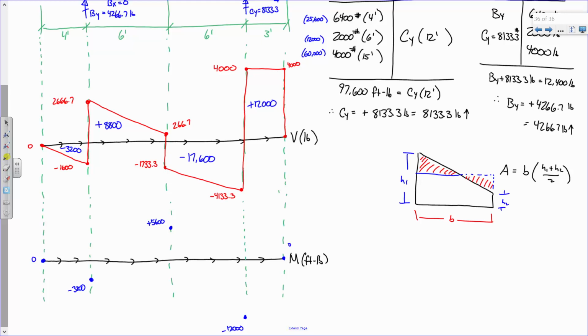Here's my point. I propose that this region, and this region are all going to be parabolas because they are lines, okay? Take the integral of a line, you get a parabola. What about this region? This region is a constant, okay?